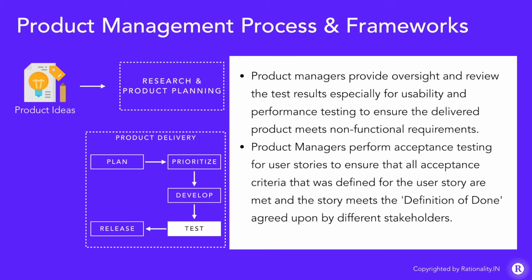Product managers also perform acceptance testing for user stories to ensure that all acceptance criteria defined for the user story are met and the story meets the definition of done agreed upon by different stakeholders.